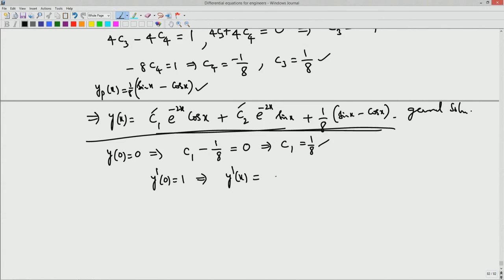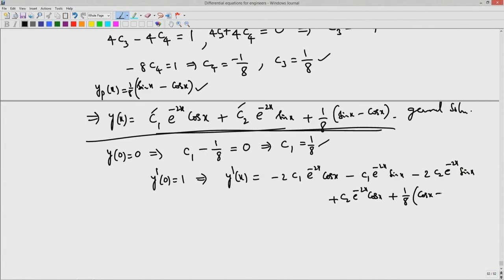That is minus 2 C1 e power minus 2x cos x plus C1 e power minus 2x sin x, minus 2 C2 e power minus 2x sin x plus C2 e power minus 2x cos x, and here 1 by 8 cos x plus sin x, that is the derivative.